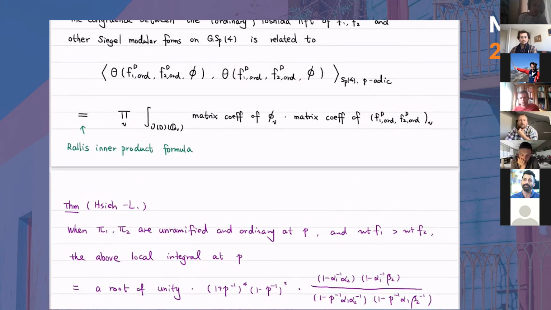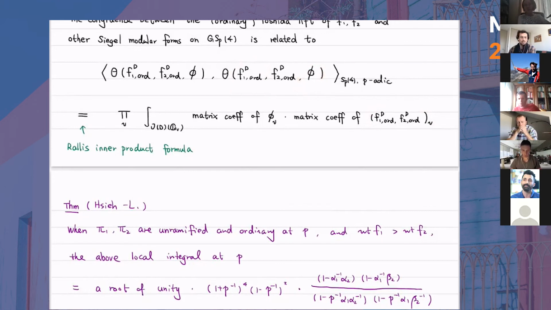And what we do here is we use the equivariance property of the section. So here it's kind of you do an ordinary projection to this spherical vector. So we use the equivariance property to move that ordinary projection to the symplectic group.